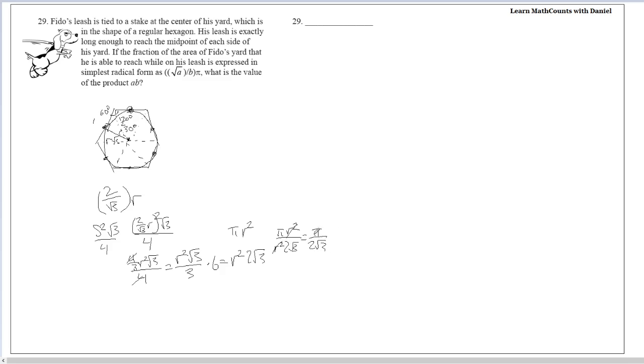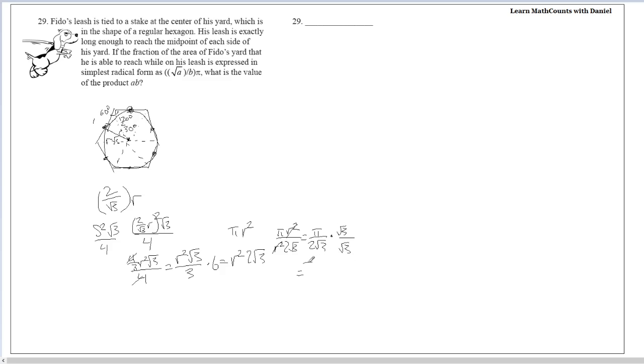However, this is not an acceptable answer. You're not allowed to have any square roots in the bottom. So we can multiply this by root 3 over root 3, which gets rid of the square root and won't change the actual value, because root 3 over root 3 is just 1, and multiplying by 1 gives you the same thing.